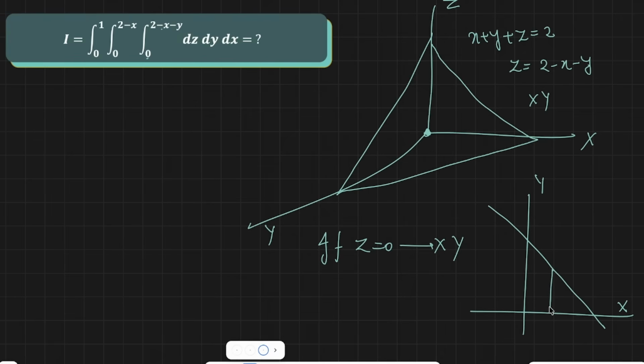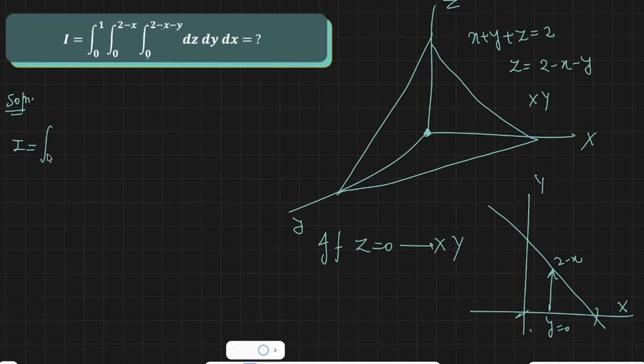Here to, see, y is equals to 0. Take the strip parallel to y axis because it is dy. So it will be strip parallel to this, and it will be 2 minus x. And the last limit is from 0 to 1. x is from 0 to 1. No need to draw, this is just for your information. Just how to solve, you can easily understand. Just try to solve this question like this.